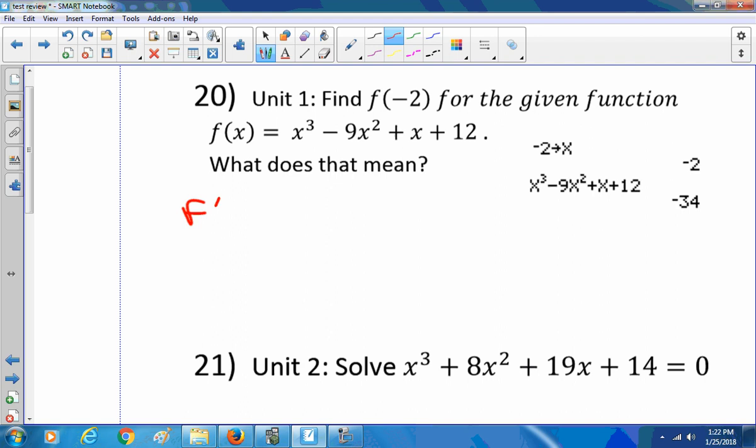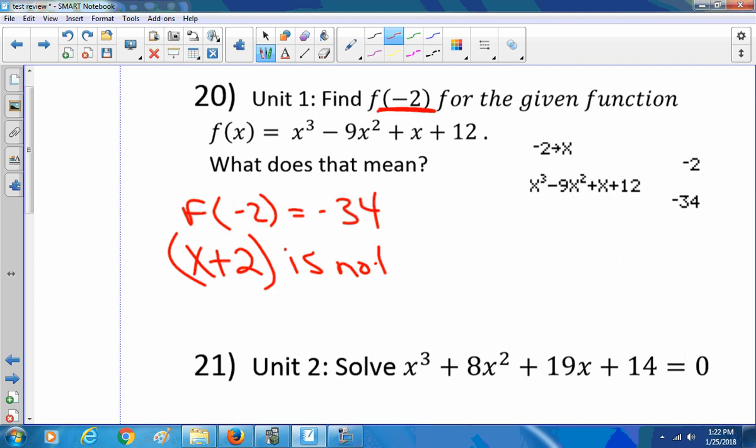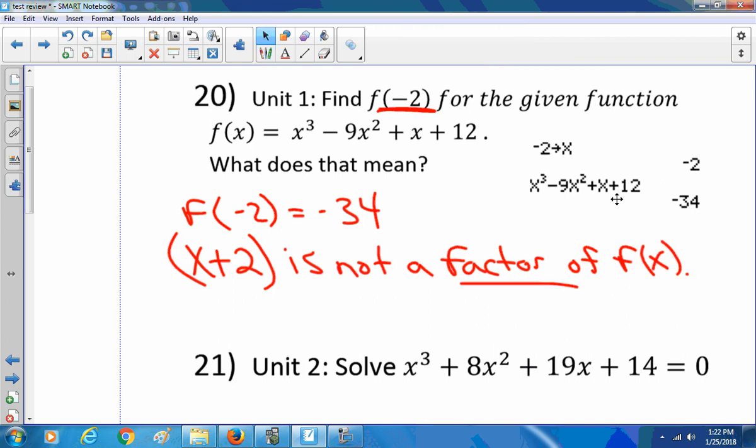So I write f of -2 equals -34. What does that mean? It means that x plus 2 is not a factor of f of x. This one people keep screwing up. A lot of people keep trying to write the word function. No, x plus 2 is not a factor of f of x.